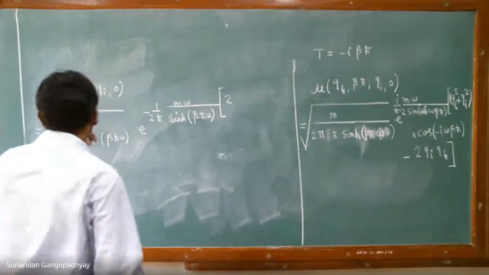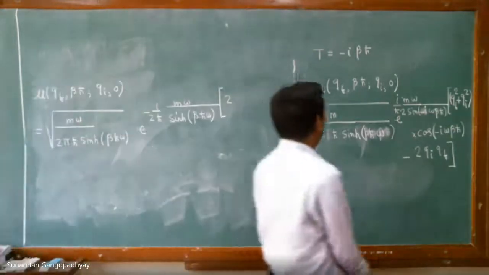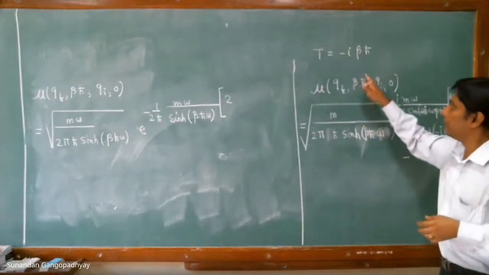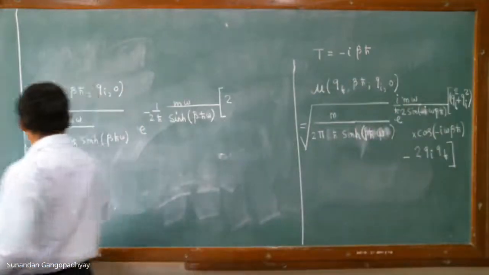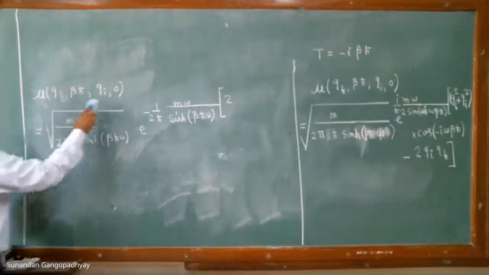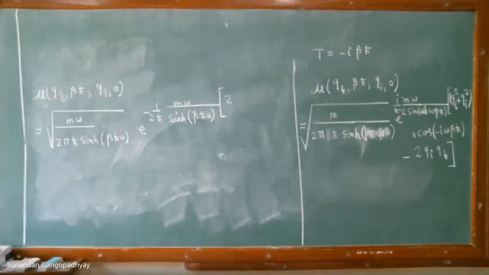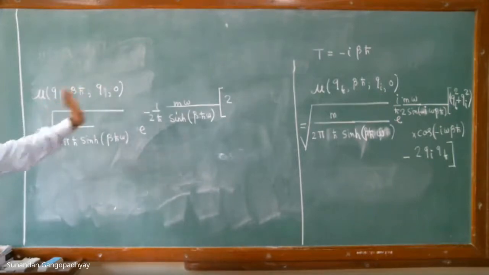Okay, so now we should be a little bit careful, because as I mentioned, this is the formula. Here you have gone to the imaginary time formalism, but you should remember that in the partition function expression, these q's are the same. Because we have taken a trace in the position representation using the position eigenbasis, these qf's and qi's are the same.